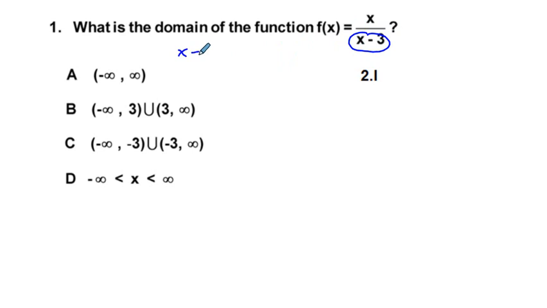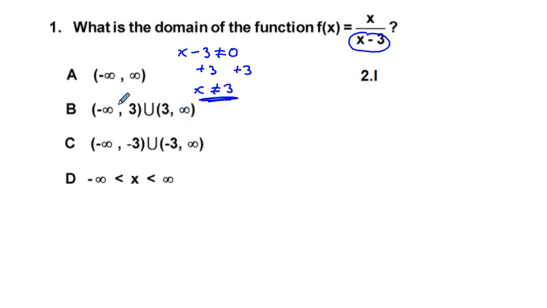So if we set the denominator x minus 3 not equal to 0 and solve for x, we see that x cannot equal 3. And so this is the exclusion to the domain. This is where the discontinuity to the function is.